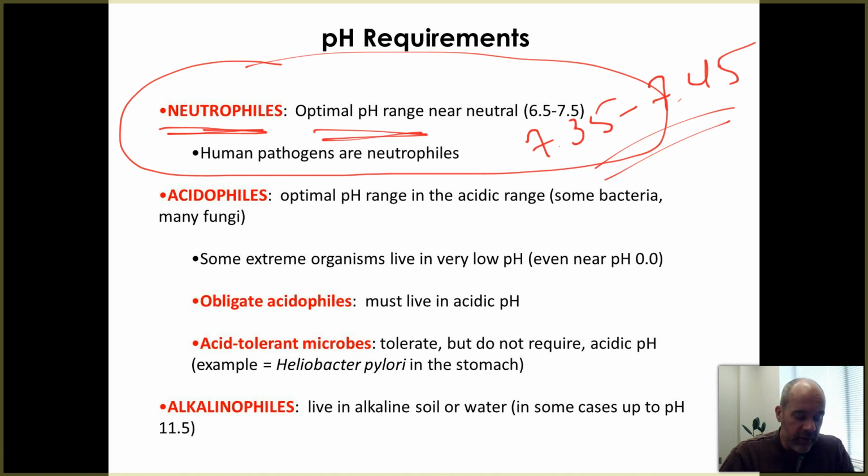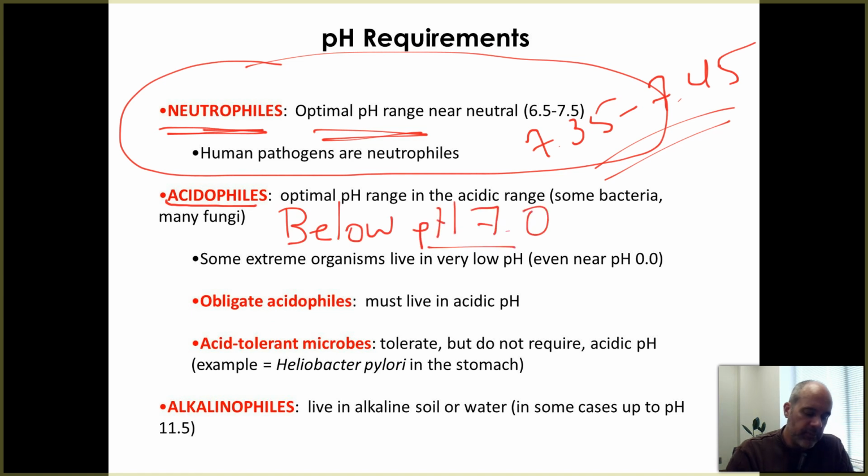There are organisms called acidophiles, so they like acid pHs below pH 7. Many fungi fall into this category. They love lower pHs. There are extreme organisms that have been discovered that will live even near pH 0, believe it or not. That's a pH where if you stuck your finger in a fluid, it would be damaged very, very quickly.